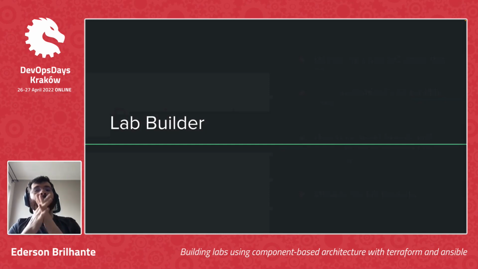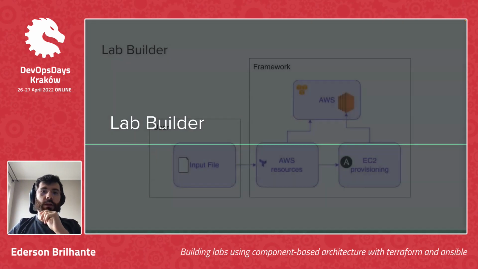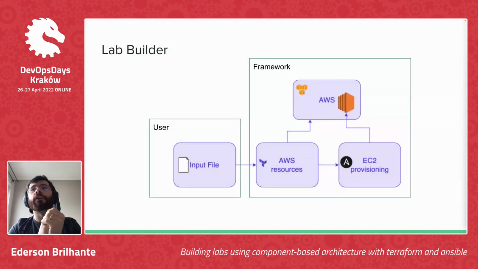So with that in mind, we created an internal framework, Lab Builder, that uses Terraform and Ansible to manage the lab, creating the lab and provisioning resources inside each EC2 machine.